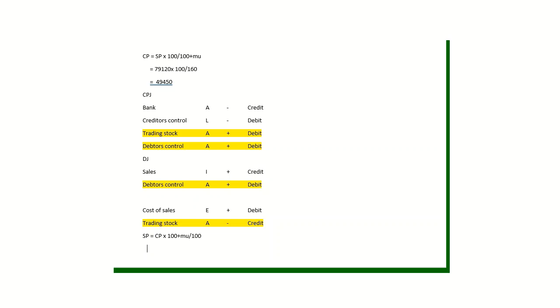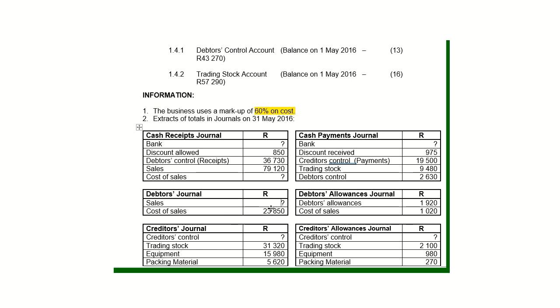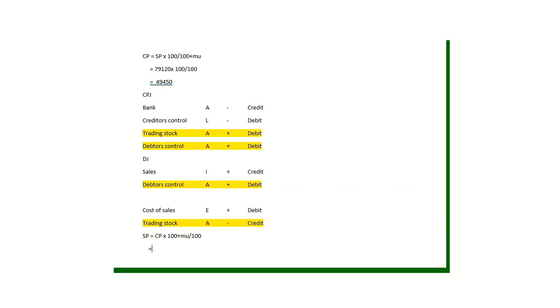Okay, the cost price, if I go back, the cost price was 23850. 23850, and that equals 100 plus the markup. The markup is 60, so it's 160 divided by 100.